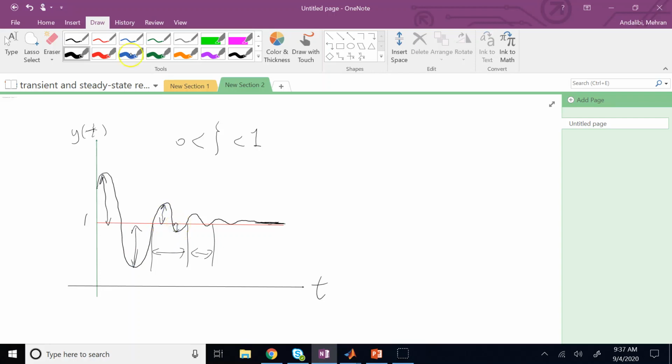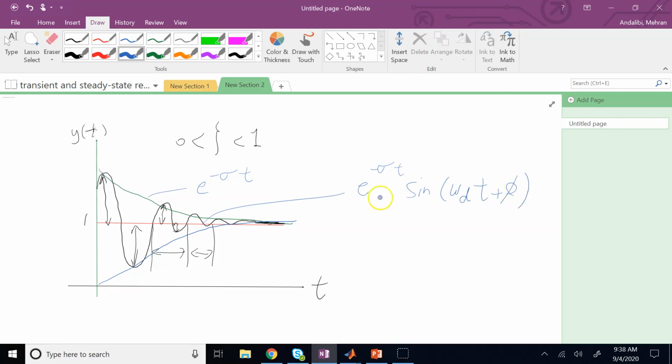If you connect these peak points together, and the bottom ones, you can show that these are exponential functions, like e to the negative sigma times t.